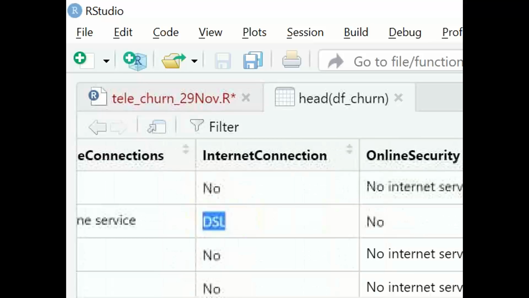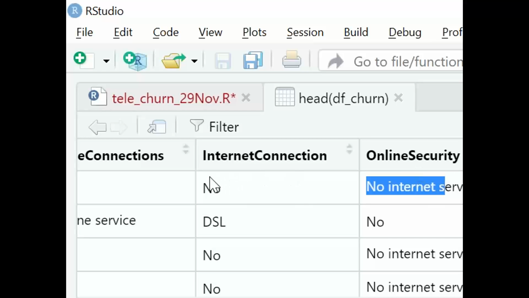Is he using any online security, right? Online security is something that he will be able to avail only if he is using the internet. If the person does not have internet, he will not have online security or online backup either. These become no by default, because he is not using the internet connection from the service provider.